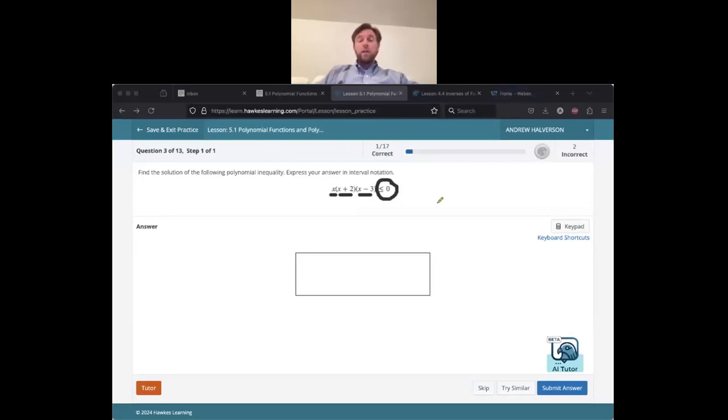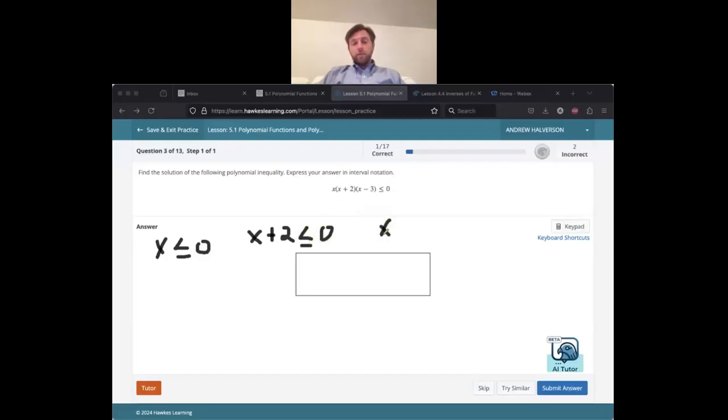These are negative values. So they want to know, what's the solution to give me something that's 0 or negative? It's the same idea. Take the three things and set them less than or equal to 0. What things will give you negatives, or 0 or negatives?